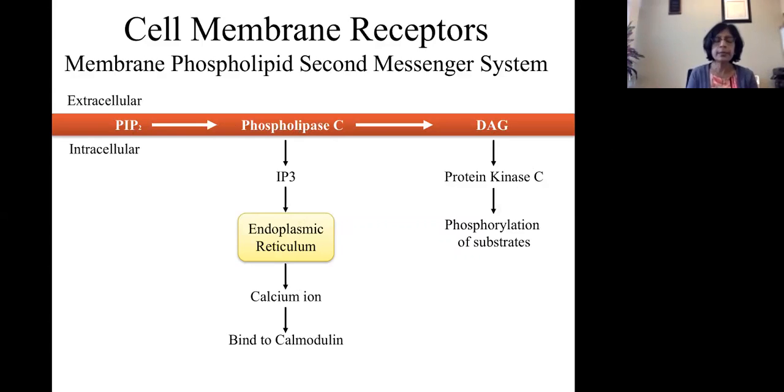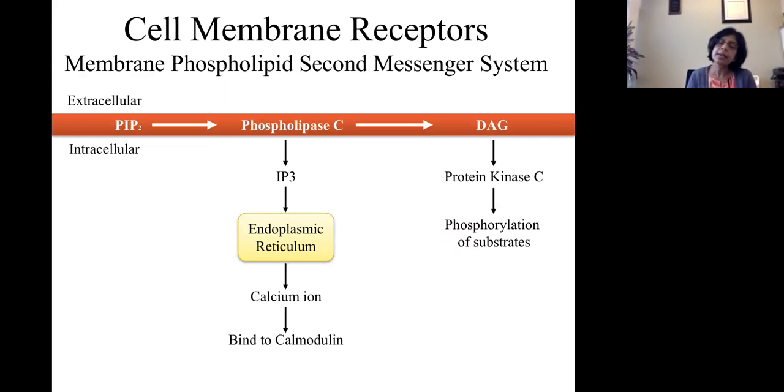So let's review this again. What we're saying here is that hormone binding to a membrane receptor can turn on a G protein mechanism. The G protein mechanism could be of one sort or another. So we looked at two examples. The first one we looked at is the activation of adenylyl cyclase, increased levels of cyclic AMP.